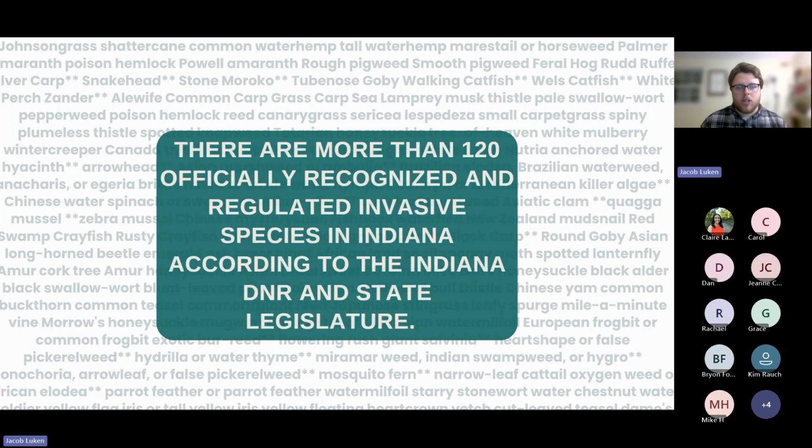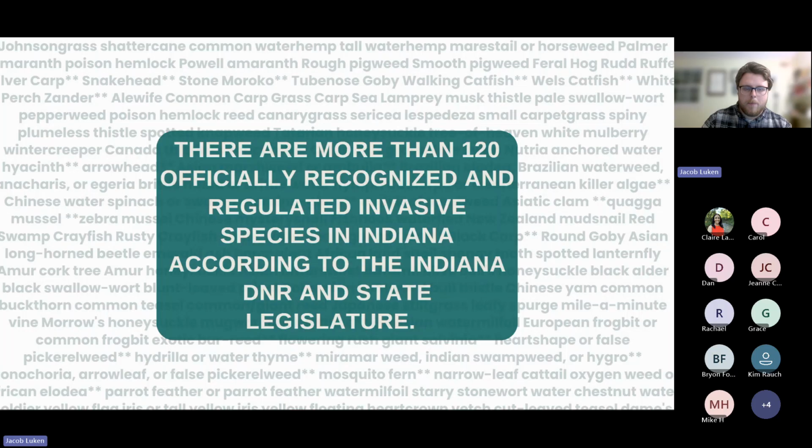And these 120 species are just our regulated and officially recognized species. There's an organization called EDDMapS, and they're an industry leader for invasive species mapping and monitoring. EDDMapS recognizes over 800 positively identified invasive or non-native species throughout the state, and that includes plants, animals, insects, fungi, and even pathogens.